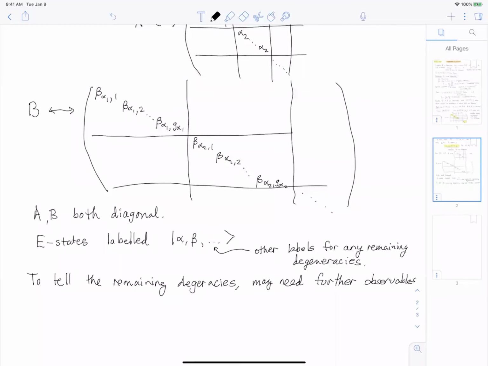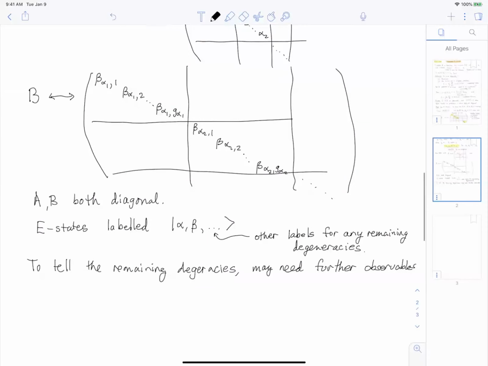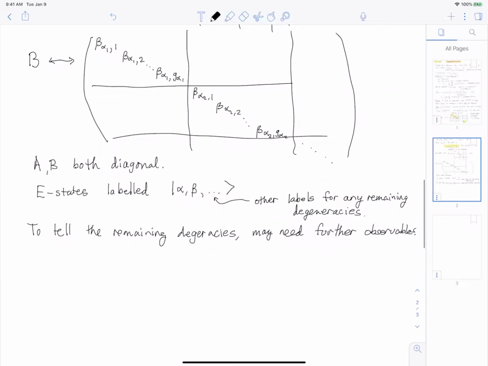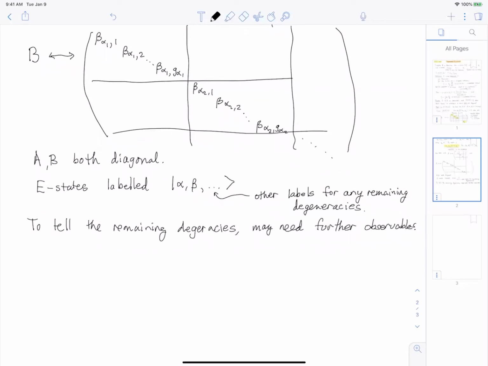Okay, so one way to think about this is if you have different states that are really physically distinct, that means there's some physical difference between them, then there ought to be some way of choosing the observables to tell them apart. And if you can't tell them apart, that means you haven't found all the relevant observables yet. And so you need to look for more.